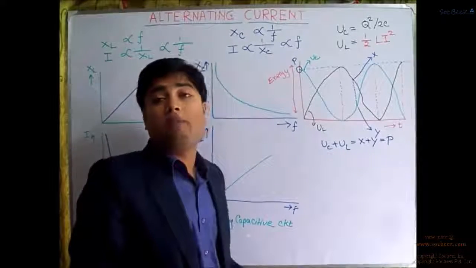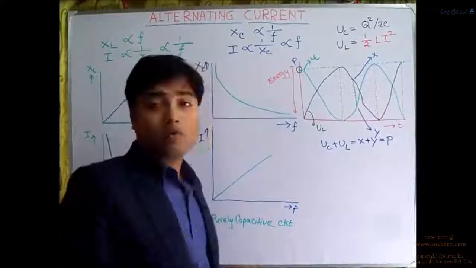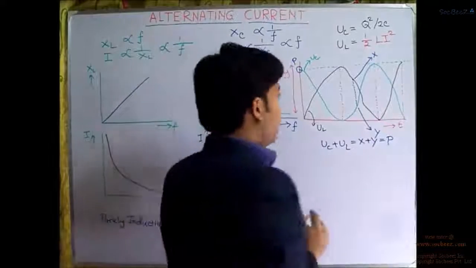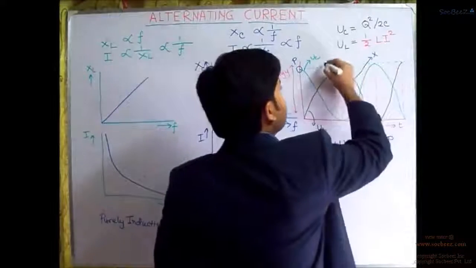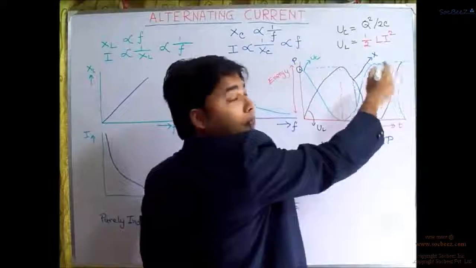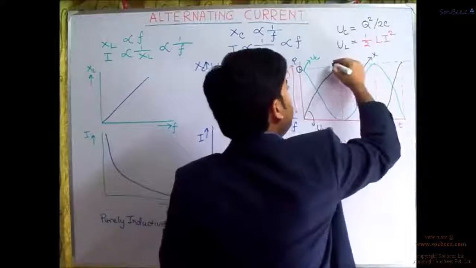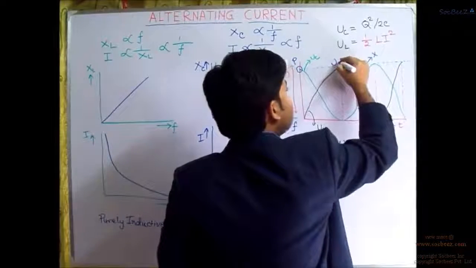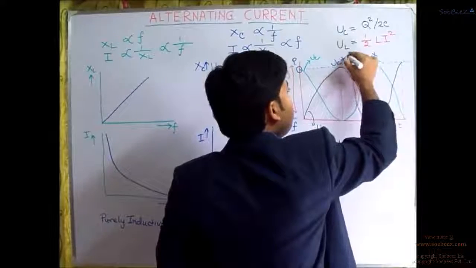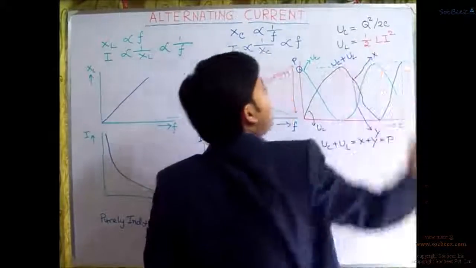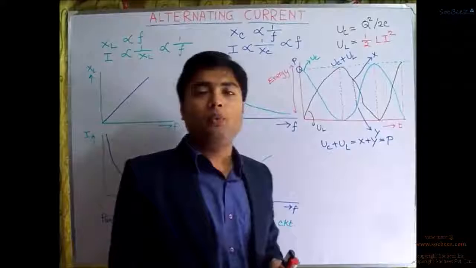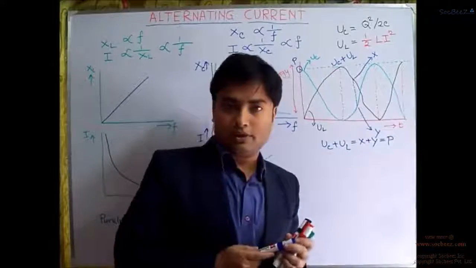This is one of the important characteristics of this kind of oscillation, where you will always find that this line of P indicates UC plus UL, and that is the energy which is always conserved.